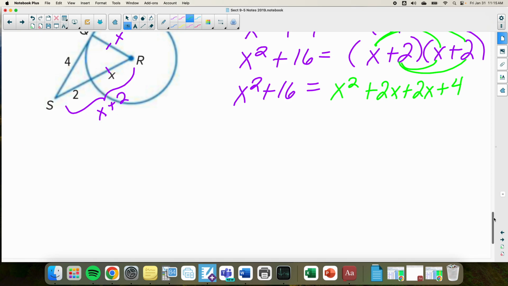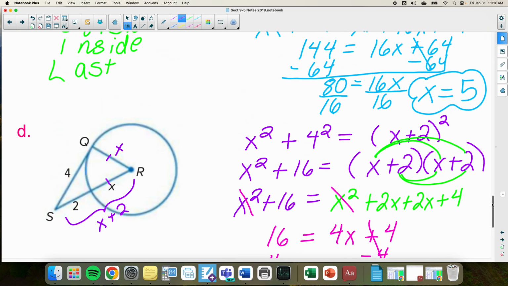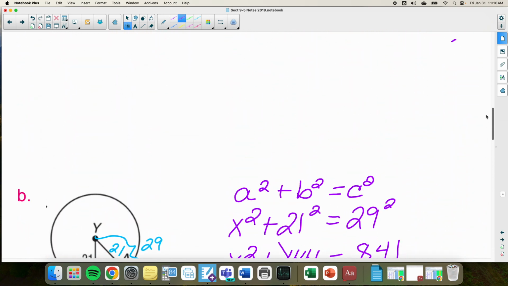If they don't, then you've done something wrong. Because then you'd have to factor, and you shouldn't have to do that on any of these. So x squareds are gone, so we have 16 equals 2x plus 2x is 4x plus 4. Then I'm going to subtract 4, and I get 4x equals 12, divide by 4, and x is 3. And that's what they want, they just wanted what x was.